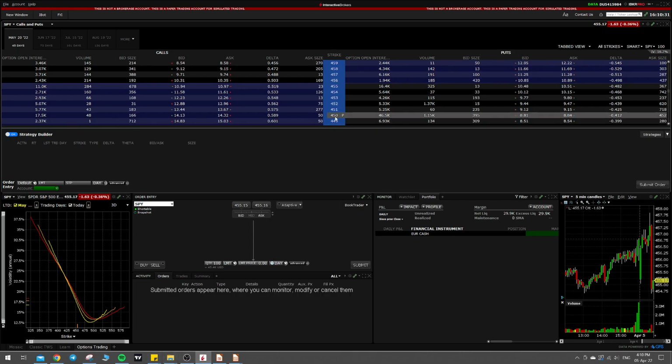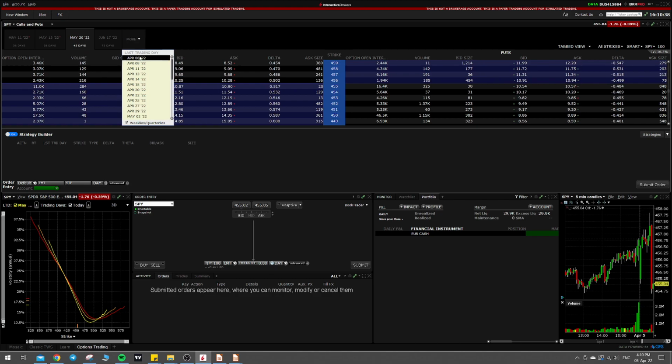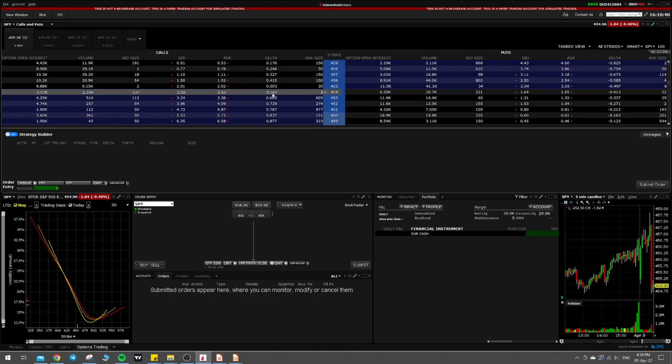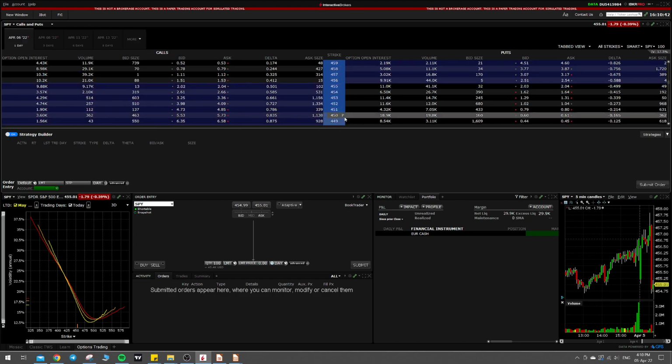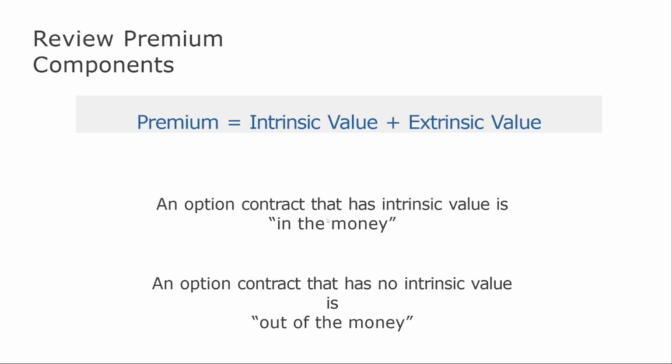Like this one, 450, right now, even though it's for May, let's look at April 6th, for example, in 2 days. All of these, this one right now, the 450, if we go back to the presentation, is in the money. Why is it in the money?